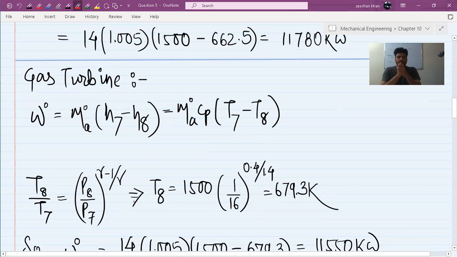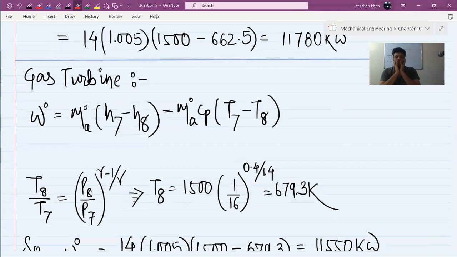Once we have understood that the gas flows from one state to another in a cycle, all we need to do is find the enthalpies at various states. That's more than half of the part done.